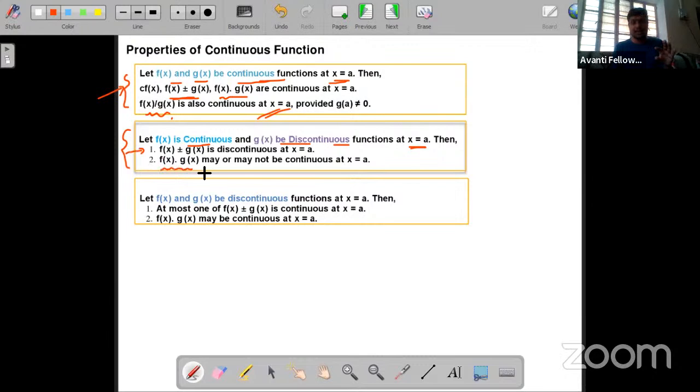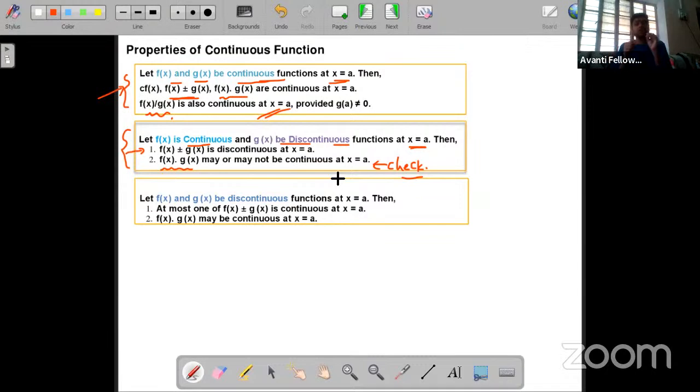But for the product, it may or may not be continuous. This we have to remember. So what we have to do, we have to check here. If in the question one function is continuous and another function is not continuous at the same point, then we have to check whether the product is continuous or not.